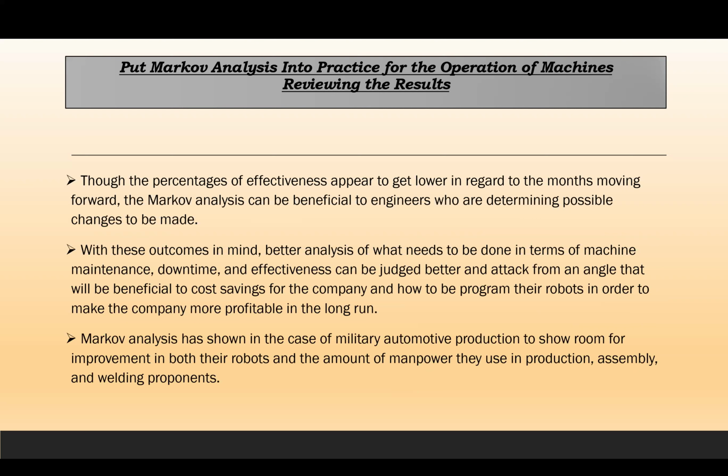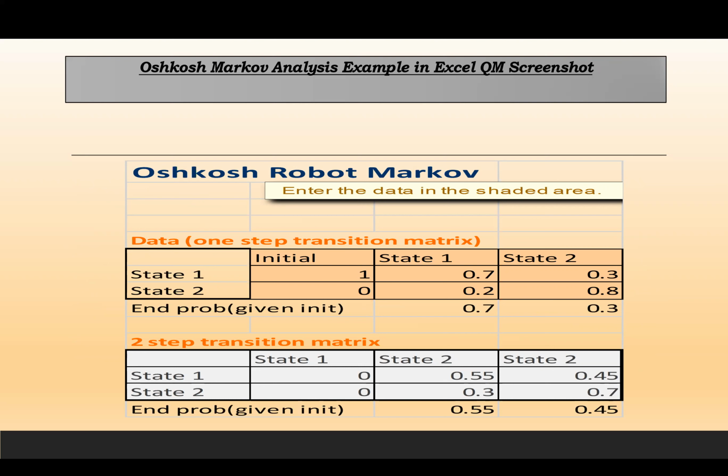It's very important to know just how effective this is in the usage of machines and how to make them more efficient in both business aspects and how to save money for the company in terms of maintenance and the amount of manpower that they use for their corporations in the long run.